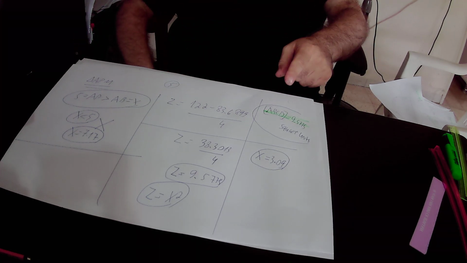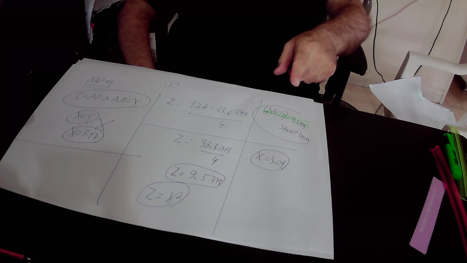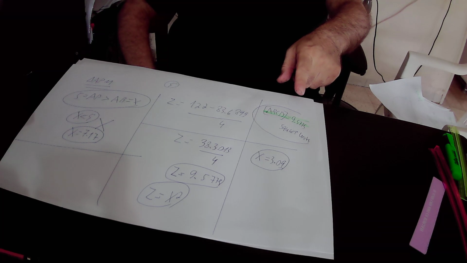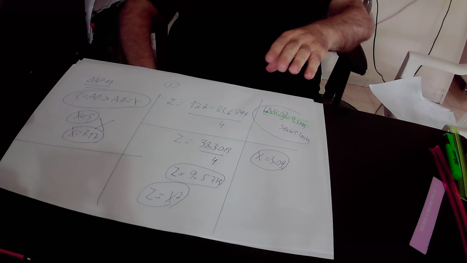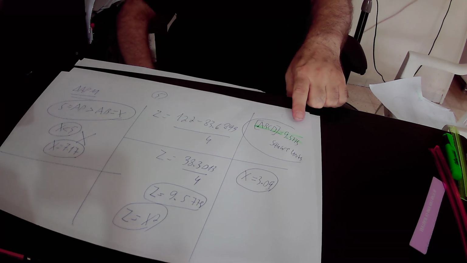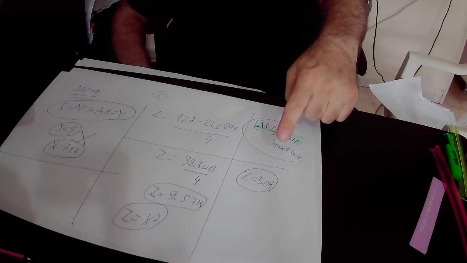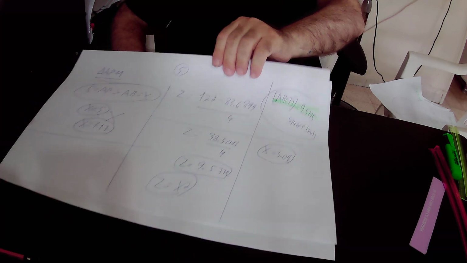And we found out that the area of square ABCD equals X squared, that is equal to 9.5775 square units. And if we take the root of X squared, we get the value of X. X equals 3.09 units.